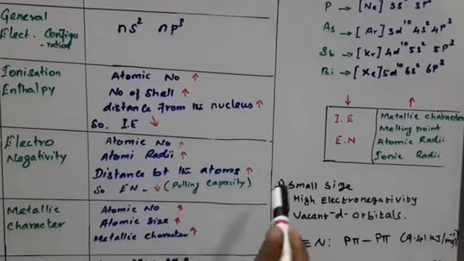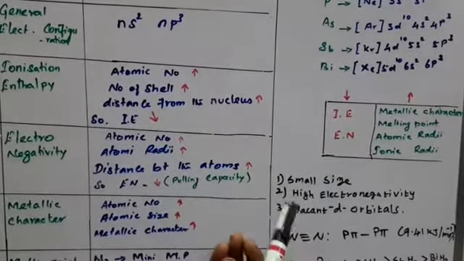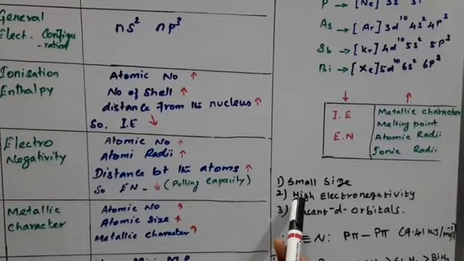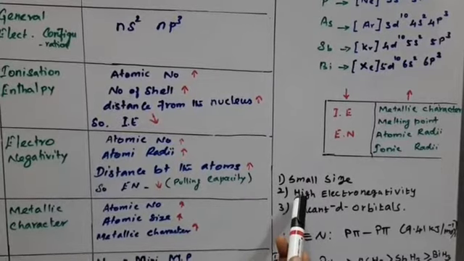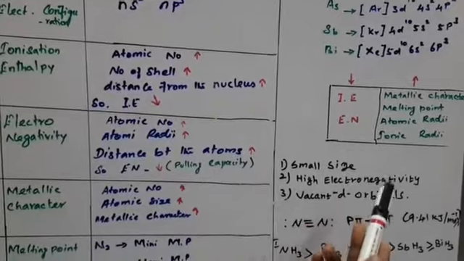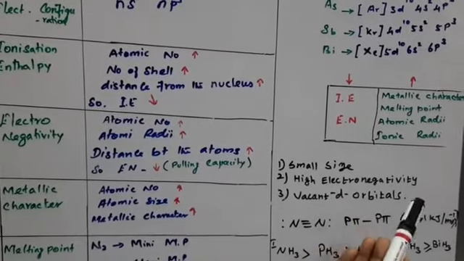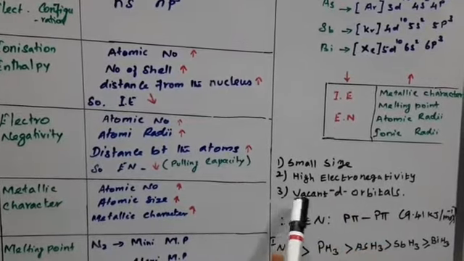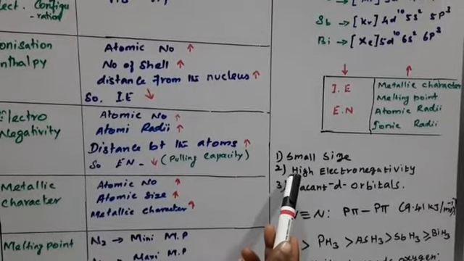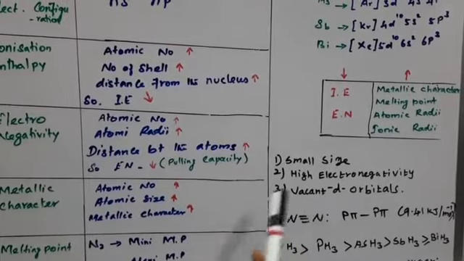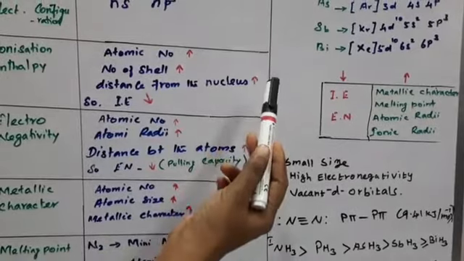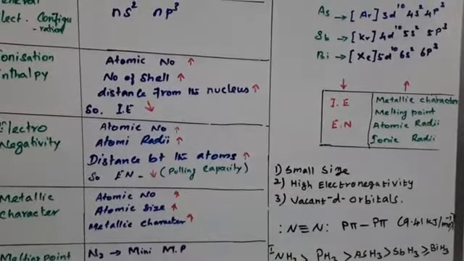Because it is nitrogen, the size is very small, and according to electronegativity, nitrogen is more electronegative compared to elements like oxygen and fluorine. Here, for vacant d orbitals, only s and p orbitals are present, not extending to d orbitals. This is the reason for the unique property compared to other elements present in this group.